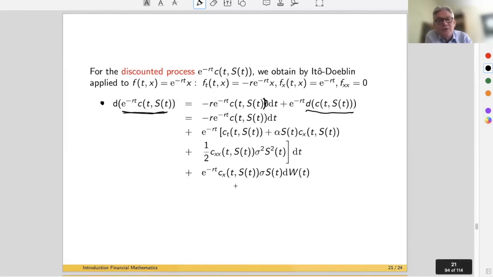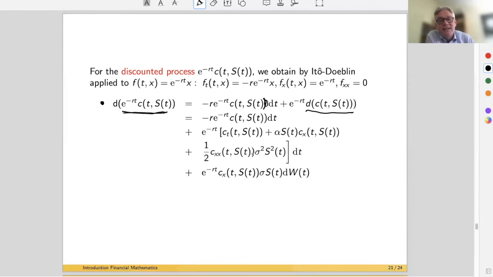So let's substitute that. Here, the first term remains, minus R e to the power minus RT C dt. And then the discount term e to the power minus RT is outside the brackets.